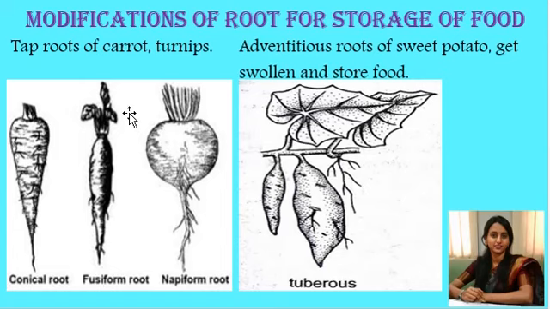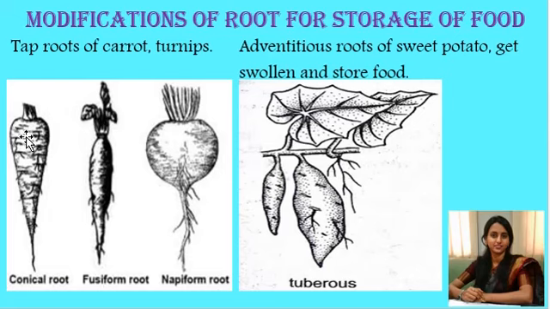You might have seen carrot, radish, turnip or beetroot. Here these roots are taproots, and due to accumulation of food material they assume different shapes, and hence these roots are modified for storage of food.